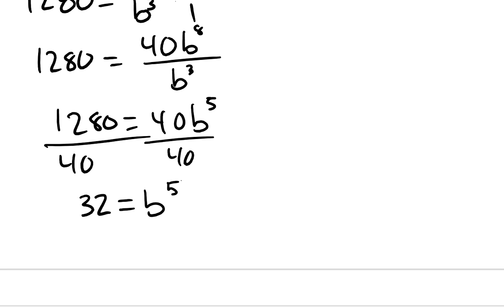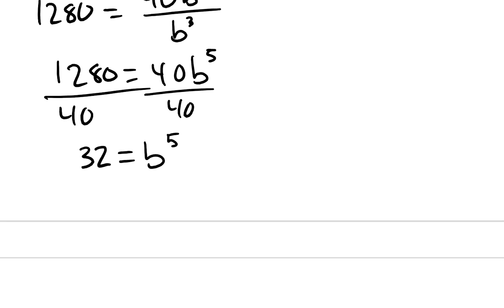What is that base? The easiest way to deal with this is to take the 5th root of both sides. The 5th root of the right hand side is the 5th root of 32, and the 5th root of b to the 5th is b. We've got a convenient way of calculating 5th roots on our calculator.